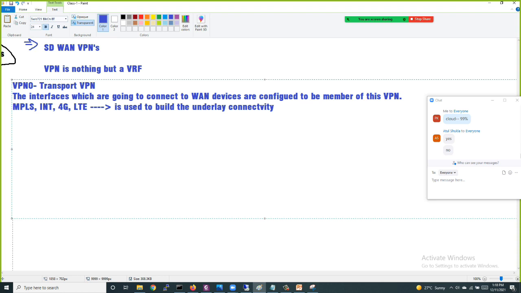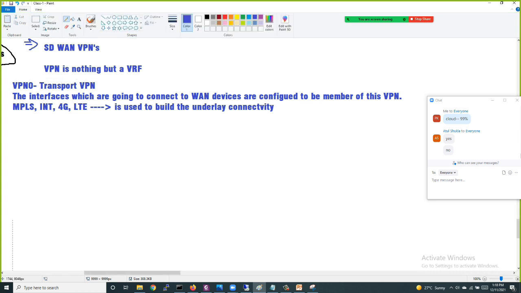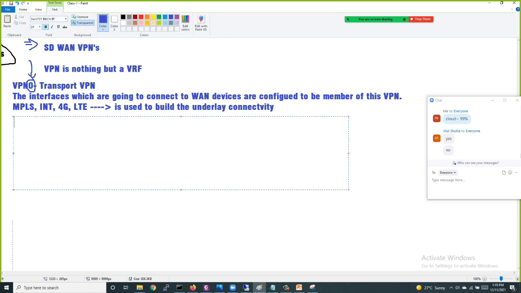So VPN 0 number is reserved for which VPN? Transport VPN, right? Second, we have VPN 1, 2, 5, 11 and so on, all the way up to 65535.